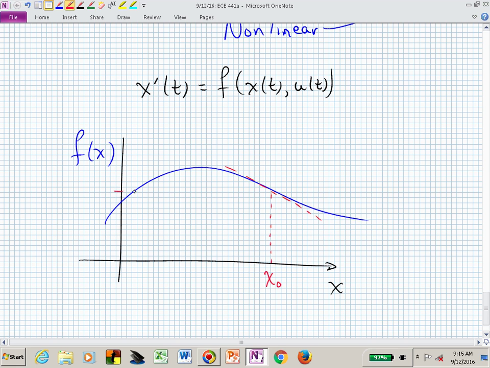And now we would be interested in looking at this function f near or operating around f of x naught. That's the image that we need to keep in mind when we're looking at this linearization process.